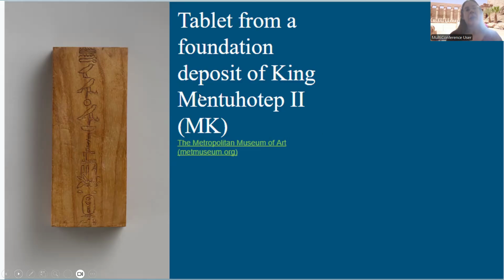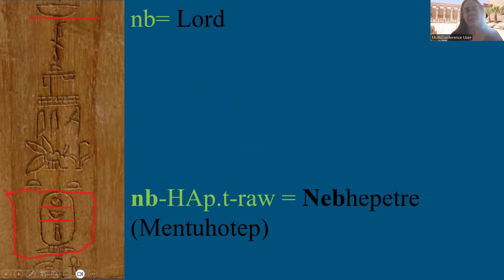But I picked this object in particular because it illustrates that example of different context of that word neb. So in this case, we have neb in this part of the inscription functioning as the noun for lord, owner, master, something along those lines.